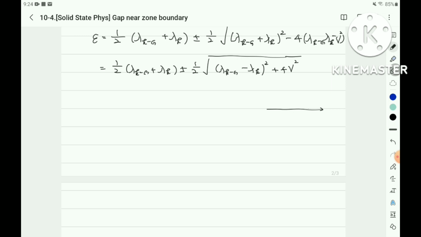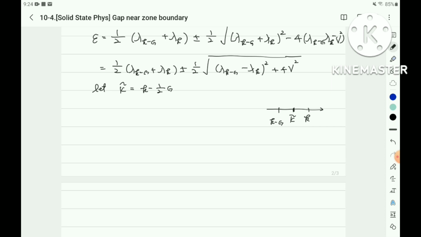Here is the k point, here is the k minus g point, but let's consider the point in between k minus g and k. Let's define k tilde as k minus 1/2 g, and the k tilde is in between the k minus g and k points.